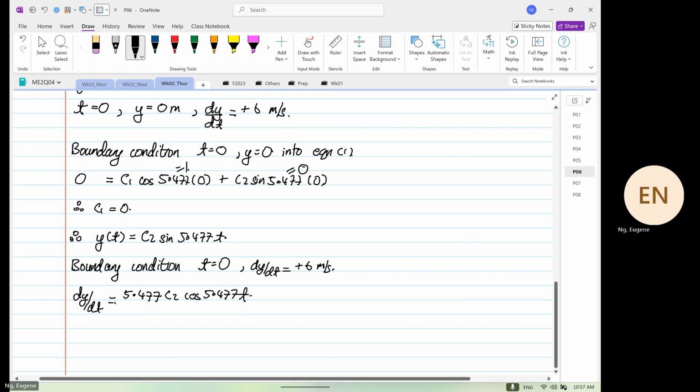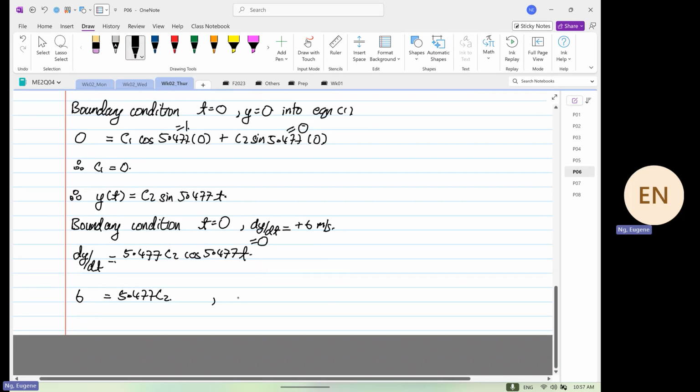Okay. So we know that this is 6. This is 5.477 C2 because when t is equal to 0, the whole term is equal to 1. So therefore, C2 is equal to 6 divided by 5.477 is equal to 1.095.